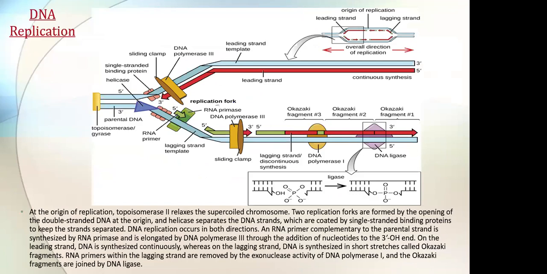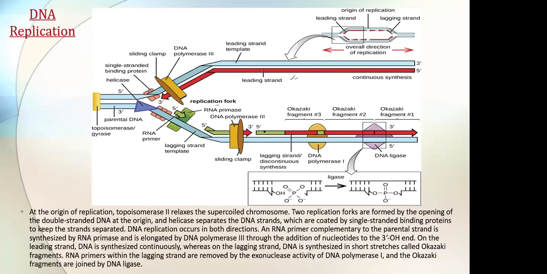I told you that on the one strand that runs from 3' to 5', the DNA synthesis or replication is continuous. That strand is called the leading strand. The strand where DNA replication goes continuously in the 5' to 3' direction is called the leading strand. But the other template strand was running from 5' to 3'. Over here, they make small segments at a time, right?